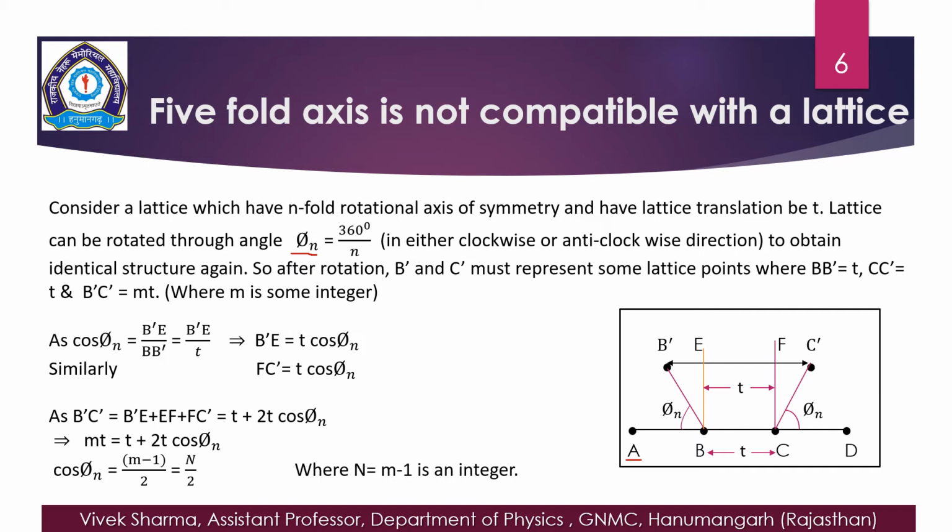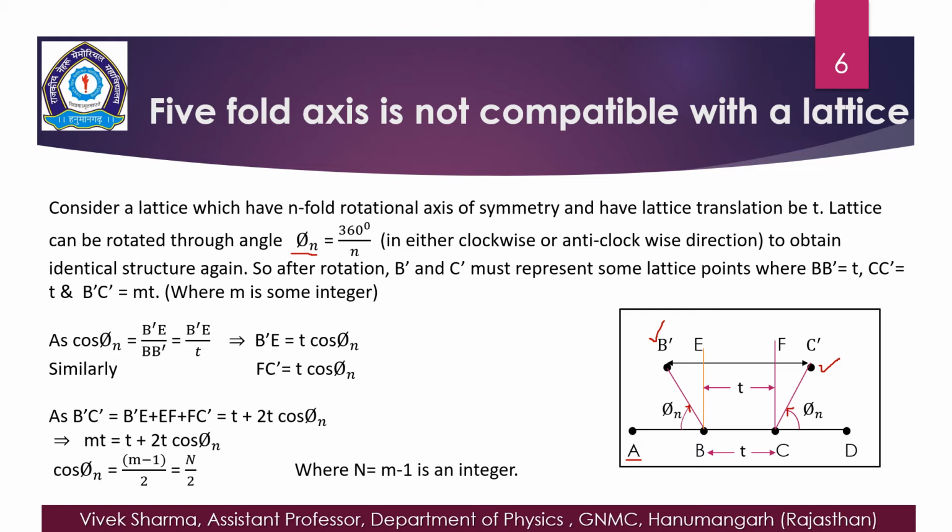Then, after rotating by phi n angle, B dash is the point where some lattice point must exist so that the identical structure can be obtained. Similarly, we can rotate it in anti-clockwise direction also. So then there should be some lattice point C dash, so that after rotating phi n angle, the similar structure can be obtained.